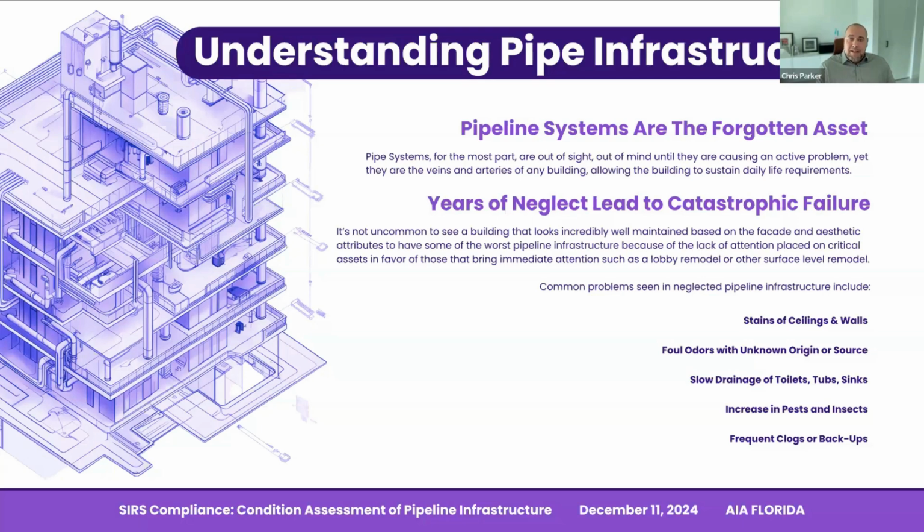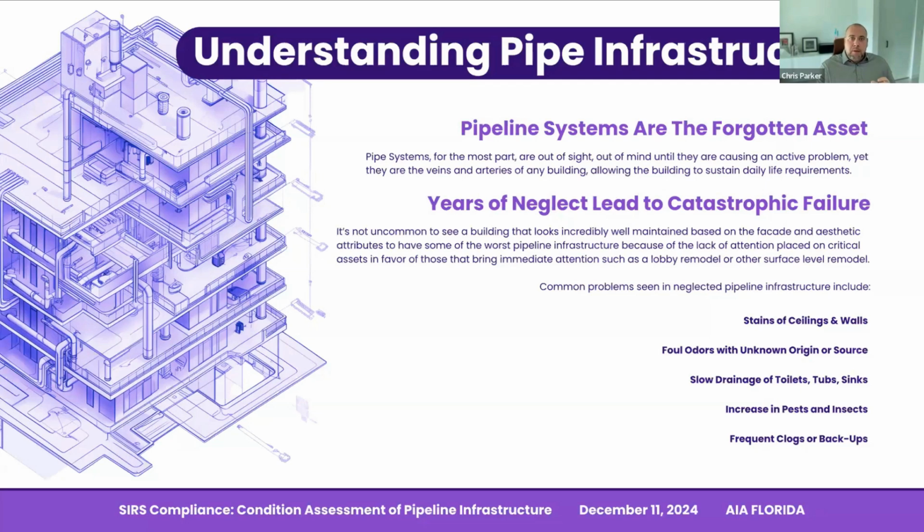We've done this at hospitals, we've done this for the likes of NASA, and it's always the same. It's always truly the forgotten asset. And then it's not until a problem starts to exist that an organization starts to make some efforts. Oftentimes it's too late, and then it requires substantial money, substantial residential displacement, and it causes a slew of other issues that we'll get into a little bit more throughout the presentation.